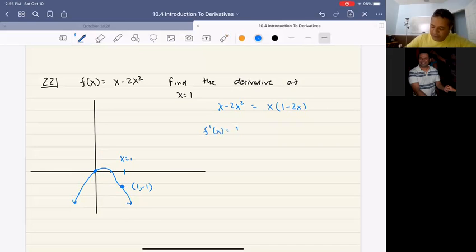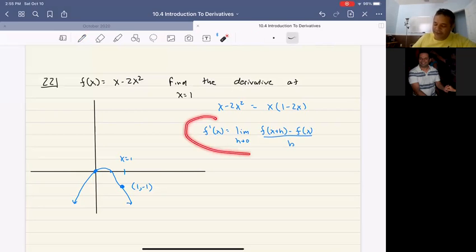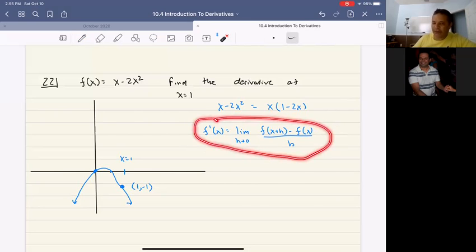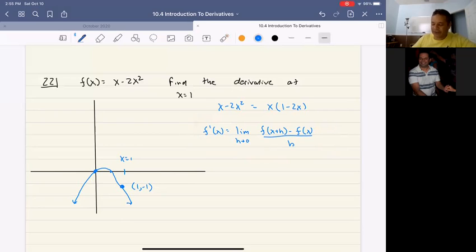F prime of x, remember, is equal to the limit as h goes to 0 of f of x plus h minus f of x divided by h. By the way, this is one of those things that you should never forget. This is a prime, like one of those major ideas. Don't ever forget this one. So that's going to be the limit as h goes to 0.